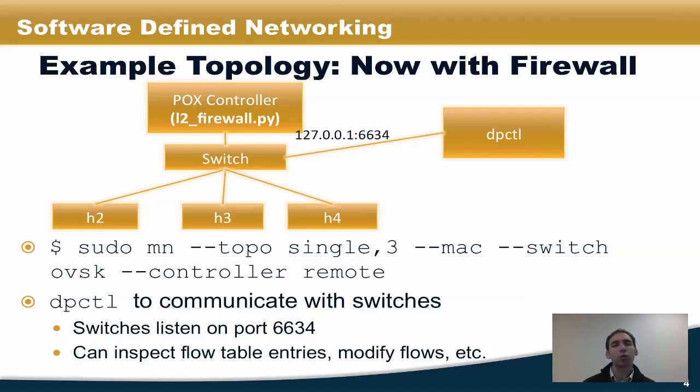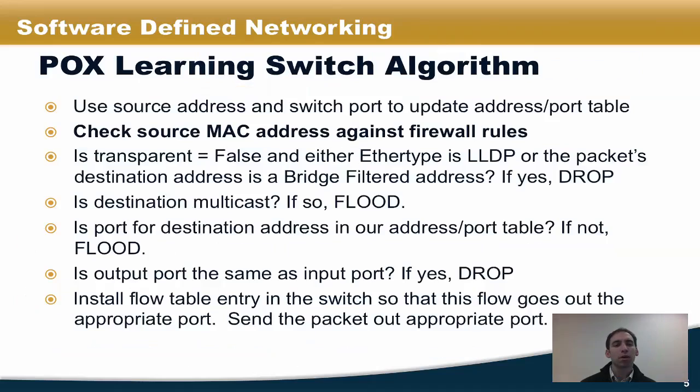If the controller decides that the packet should be forwarded, then it proceeds to perform the Layer 2 switching functions as before. Let's revisit the POX learning switch algorithm from last lesson.